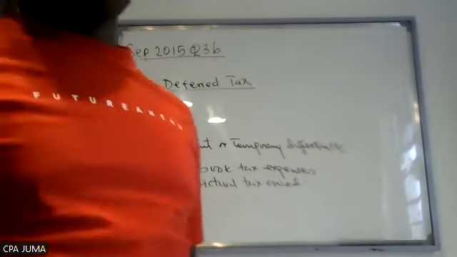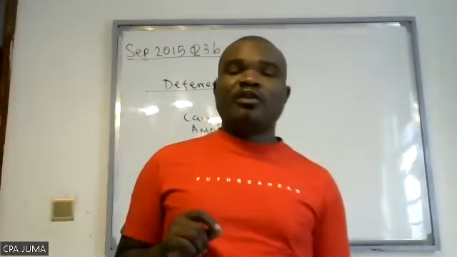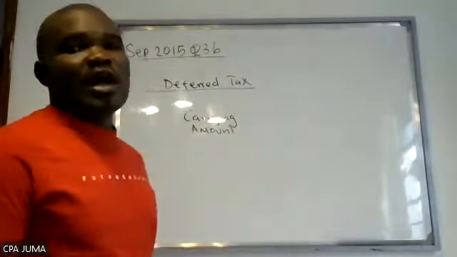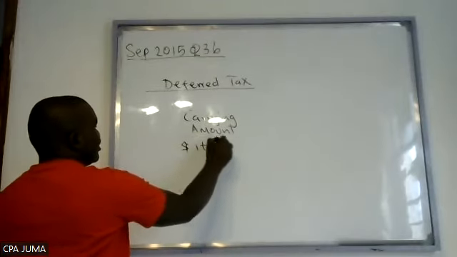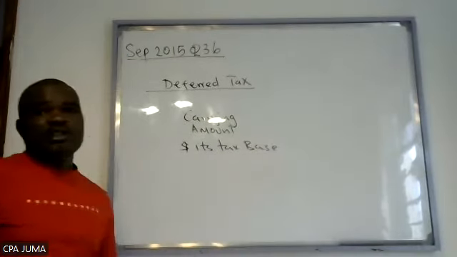So right there say, temporary differences is the difference between the carrying amount of an asset or liability in the statement of financial position and its tax base.